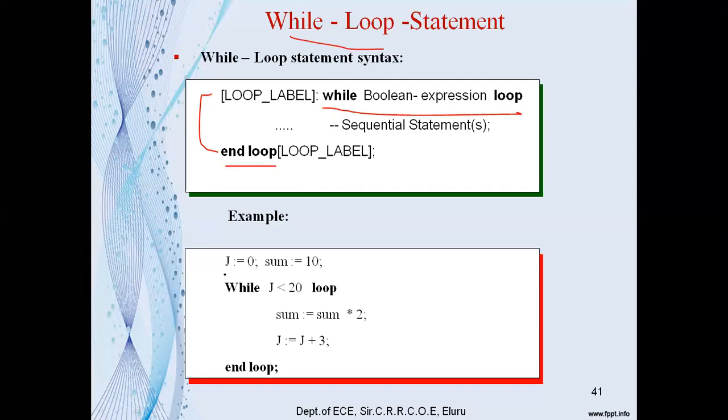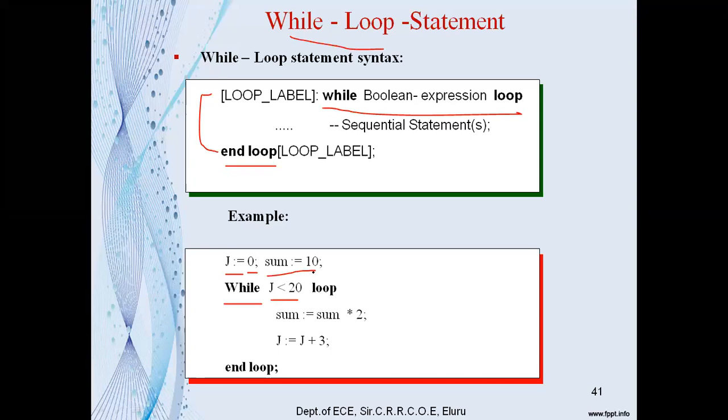In this example we have considered two variables: j is a variable object and sum is a variable object, and we are using the while loop with a logical expression. The expression is that the j value must be less than 20.